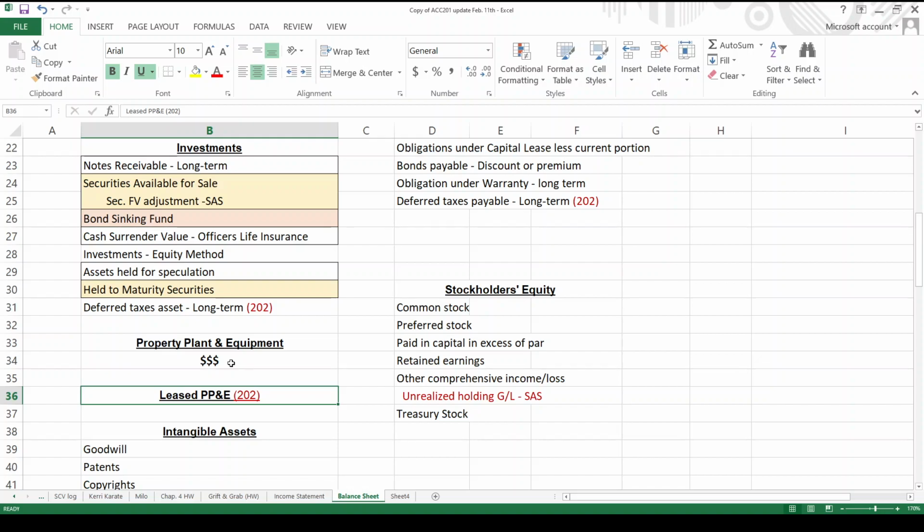So now the way it works is, even though we're calling it rent, we are going to capitalize those payments, and those leased assets will show up on our balance sheet. That's not something we have to worry about right now, but that is another gnarly topic in Accounting 202.